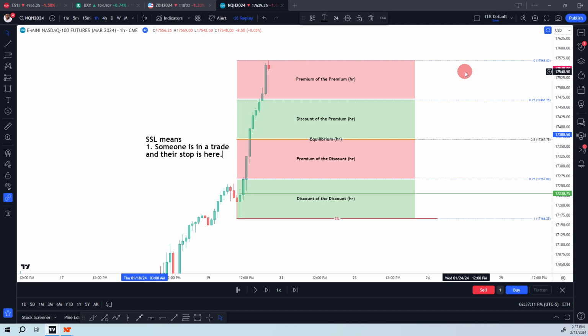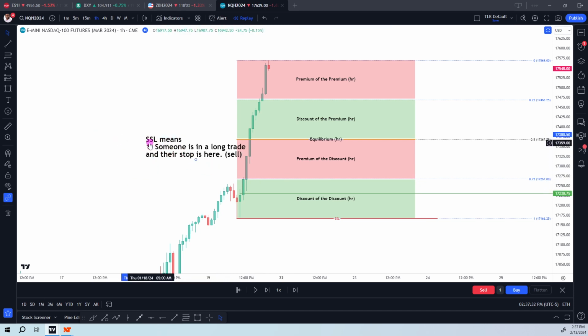And what kind of stop if somebody is in a long trade? If you buy something, if you go long, the way you get out of it is you sell it, right? You sell it to get out.